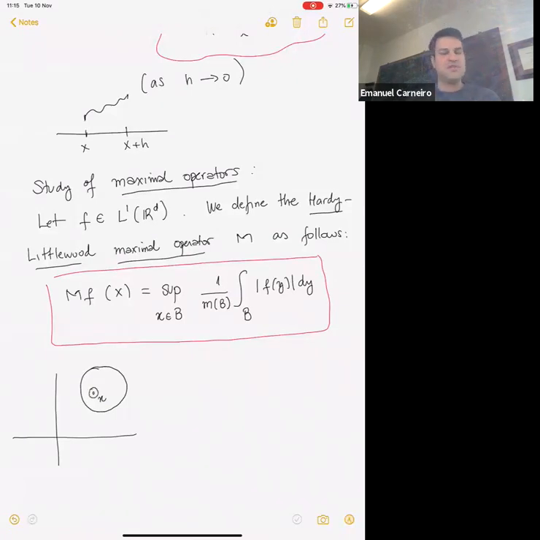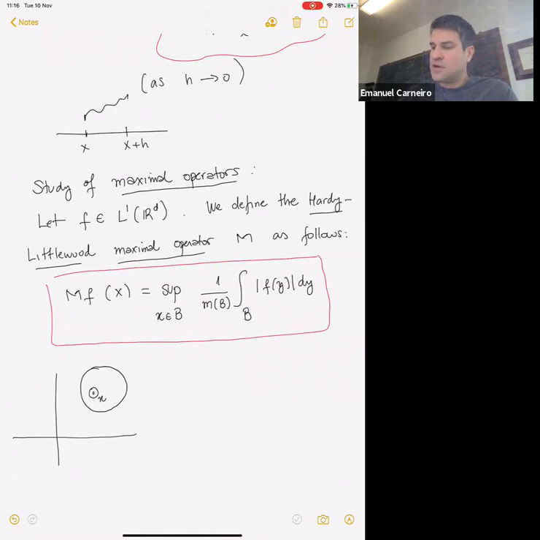The balls don't have to be centered at x, they just have to contain your point x. And let's observe that you're taking the absolute value of the function inside the integral. So this is non-negative, and you have a supremum of non-negative numbers. So this is certainly well defined. It could be infinity, there's no problem about that.